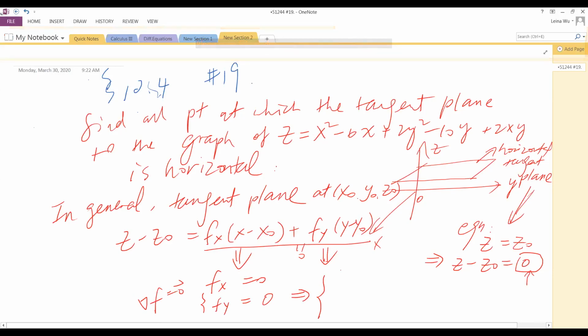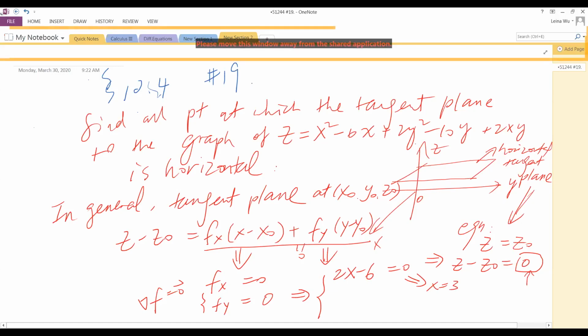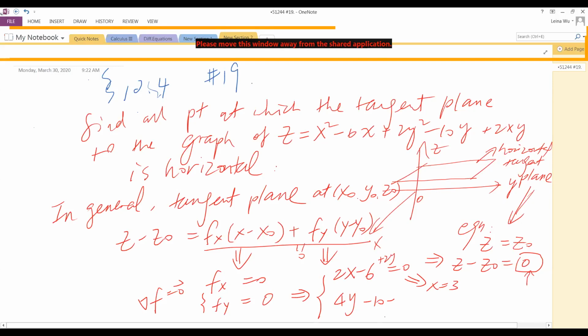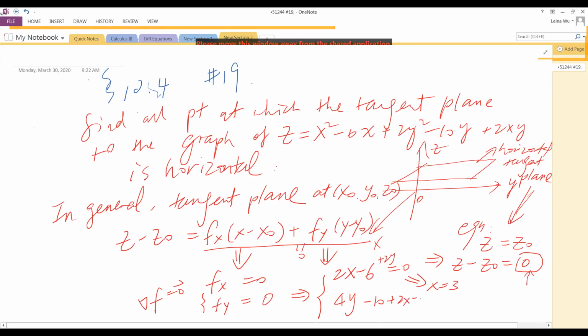This would just be 2x minus 6, plus 2y. Partial y would be 4y minus 10, plus 2x, equals 0.